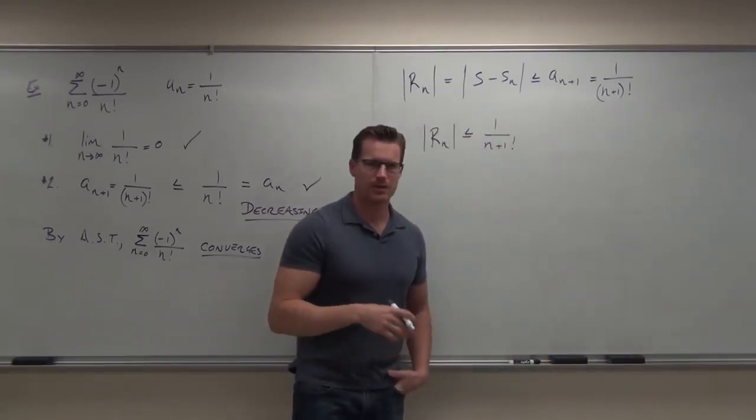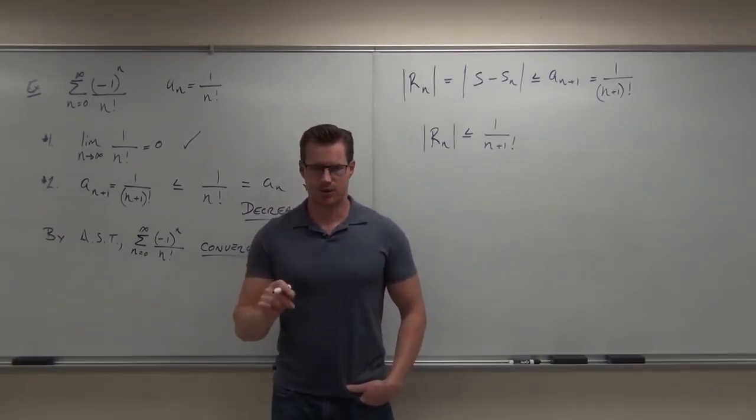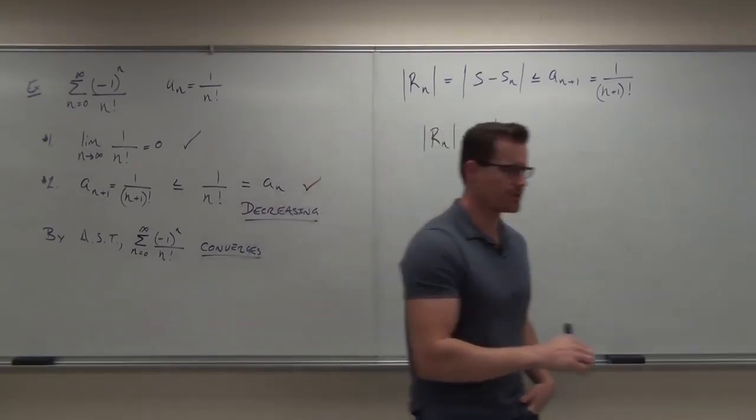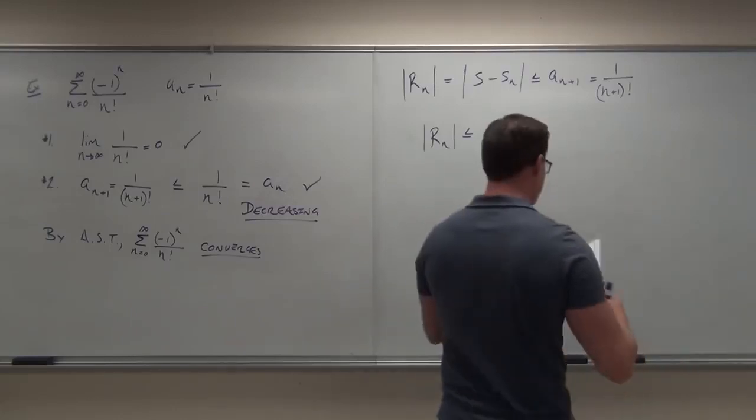Now again, here's the way that the error works. Do you want me to write this down? Maybe I should write this down for you. Here's the way the error works.